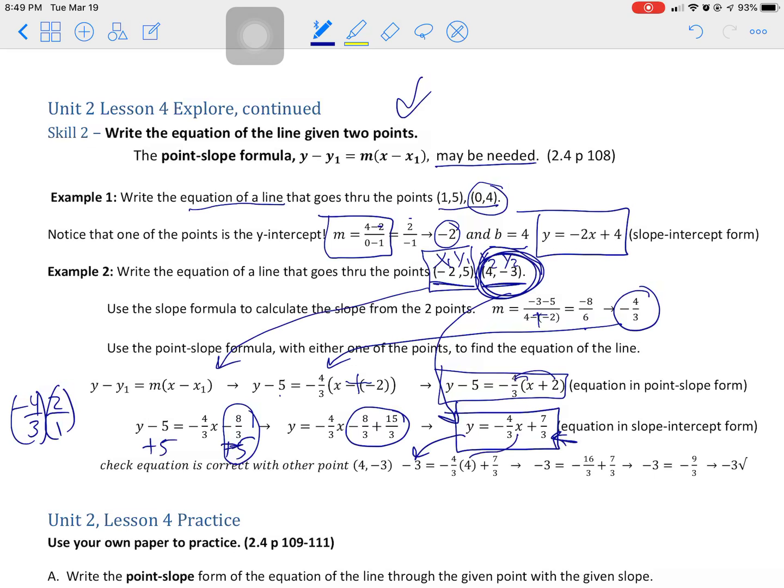Okay, I put the x is 4 multiplied by the slope, got negative 16 over 3, negative 16 plus 7, negative 9. Negative 9 over 3 is negative 3, so it is correct. Okay? So we got some to practice here.